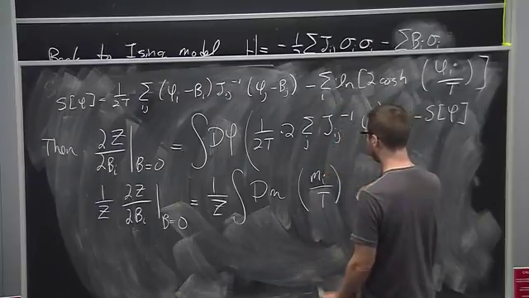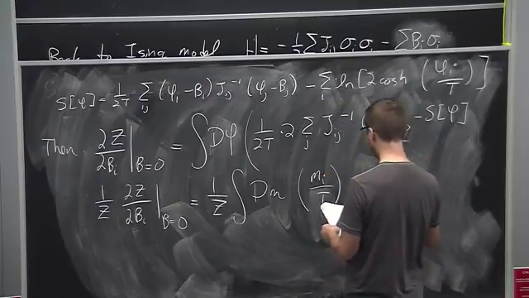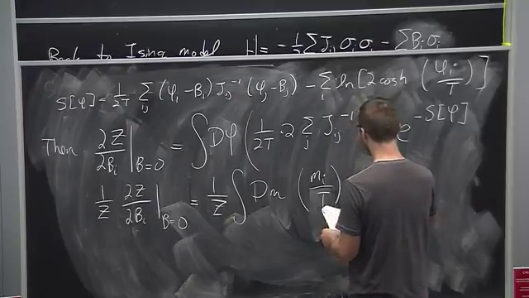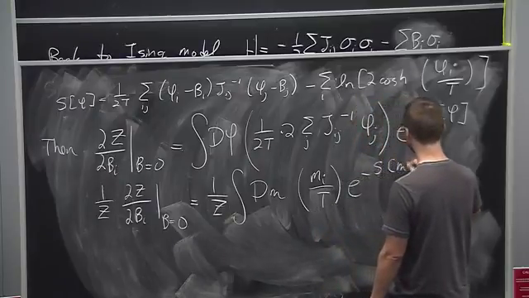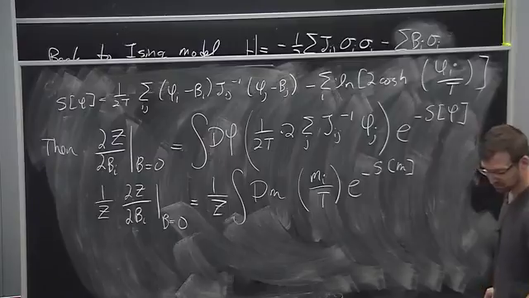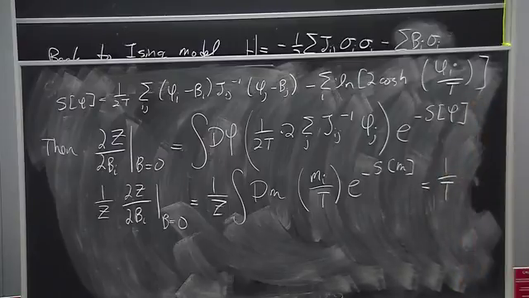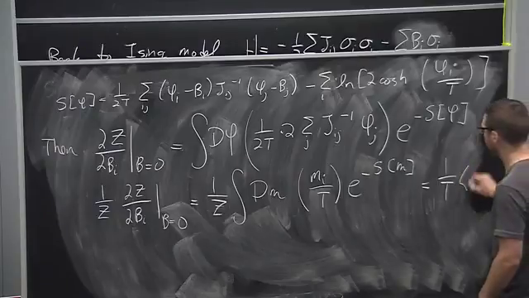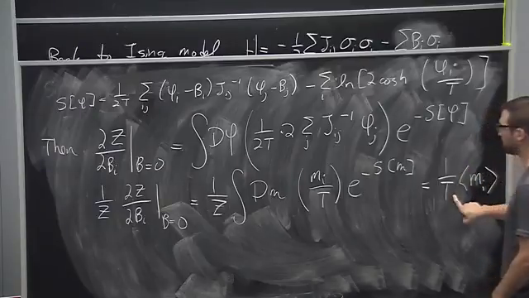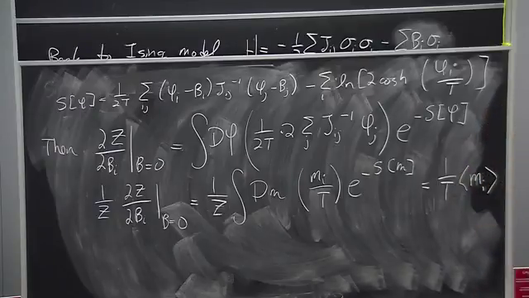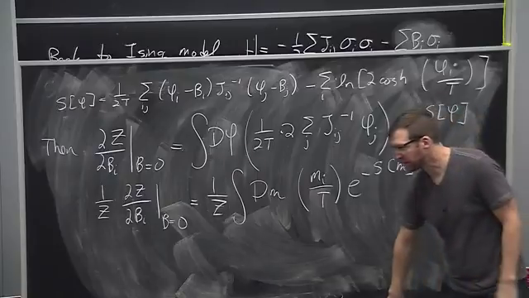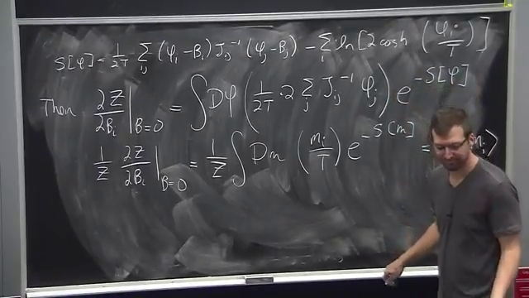I've summed over j, so that's just mi over t. And then the action I could, again, is equivalent between phi and m. Is that right? 1 over t? Yeah, that's right. Mi. I just have t on the wrong side here. Okay, so the expectation values are the same.